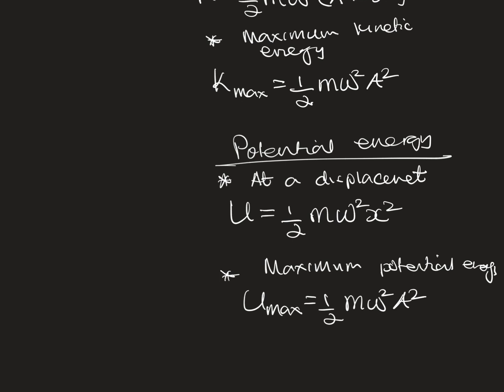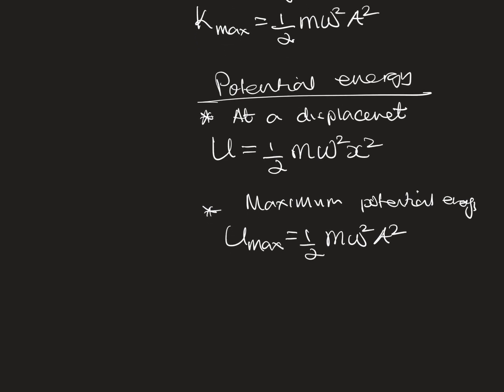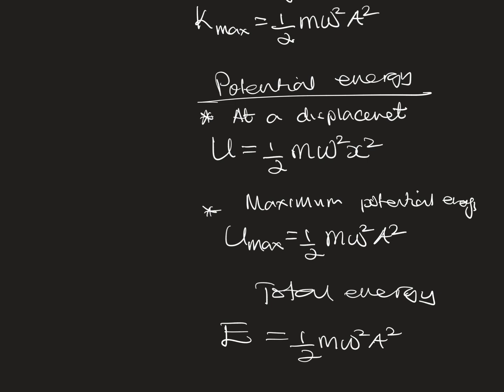The last thing is called the total energy. How do you find the total energy? The total energy E is equal to half m omega squared A squared. Note that.